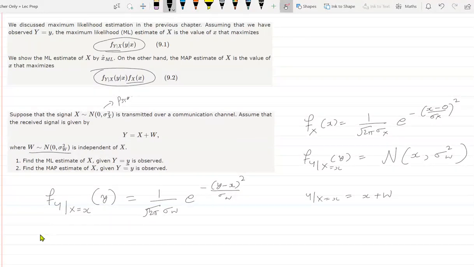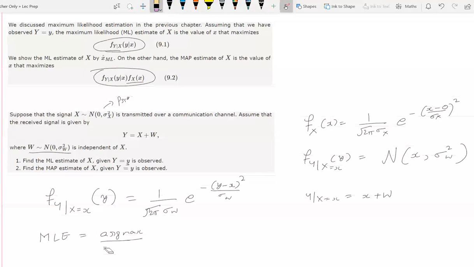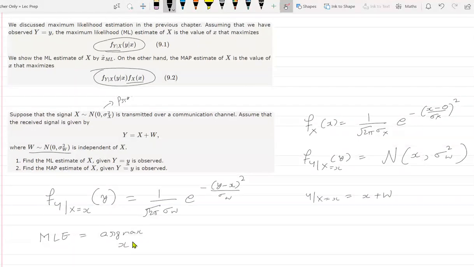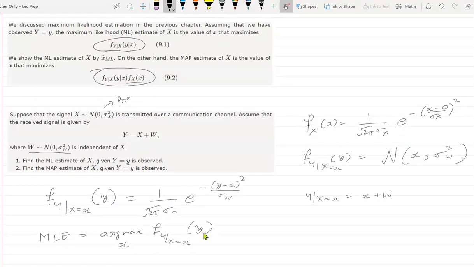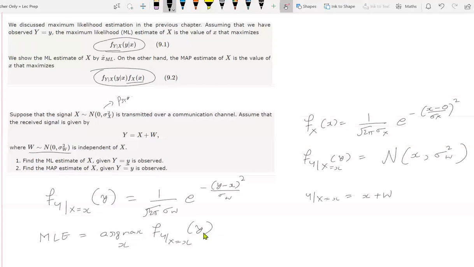So what is the maximum likelihood estimate? This is the argmax over x. Choose that particular x value such that this quantity is maximized. What is the value of x such that this quantity is maximized?